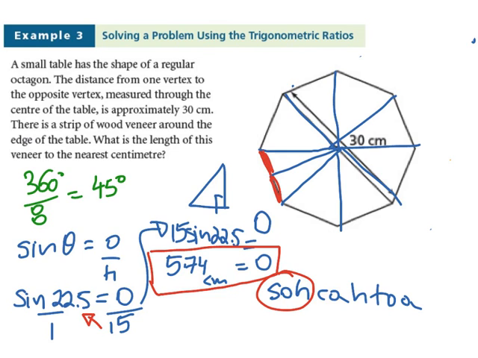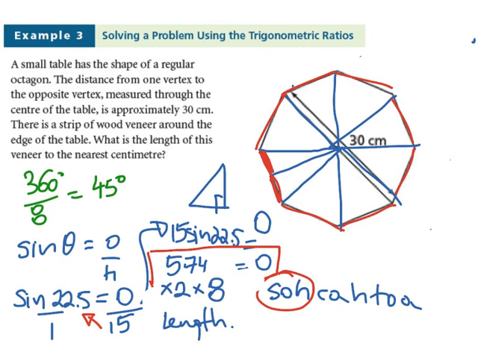And since there are 8 triangles like it, a total of 8, we're going to multiply this again by 8. So the perimeter, or the length, will equal 5.74 times 2 times 8. And to the nearest centimeter, it's 92 centimeters.